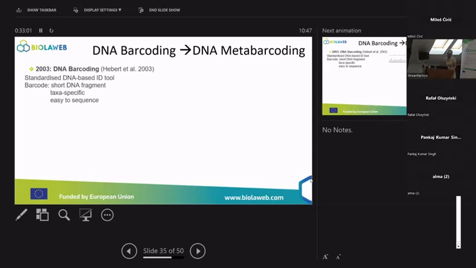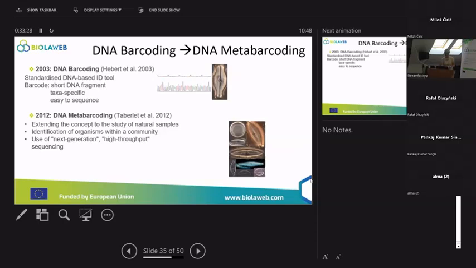So from this first approach of Paul Hebert in 2003 about DNA barcoding, which has then been much developed, the idea of a standardized DNA tool for identification with a short barcode that is easy to amplify, short, taxa specific, and so really something that can be standardized, led scientists to a more global tool of identification at community level, which was named by Taberlet and collaborators in 2012 metabarcoding, DNA metabarcoding.